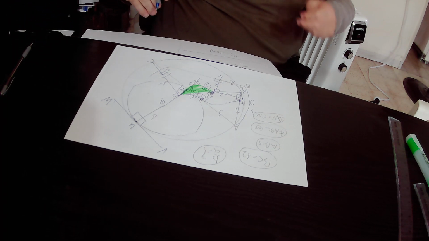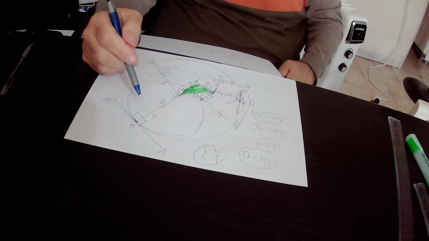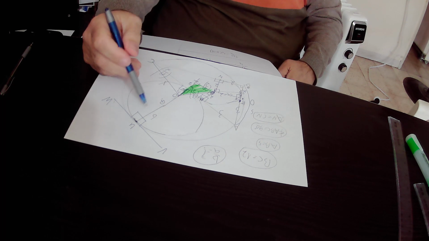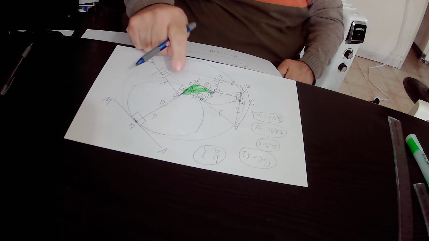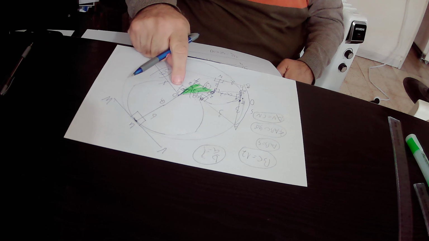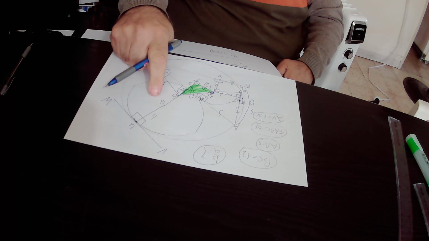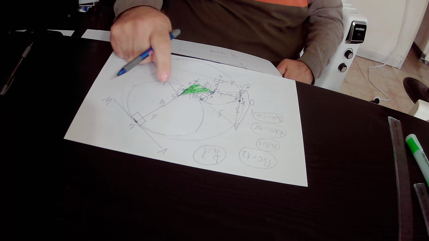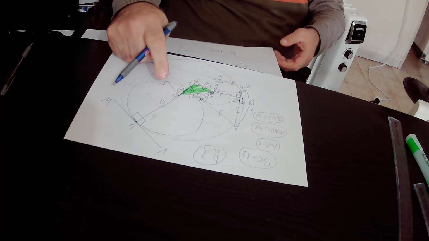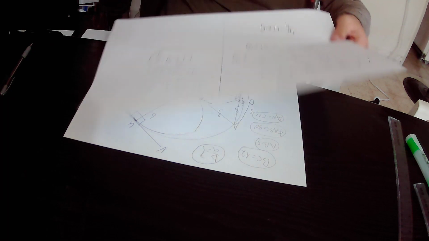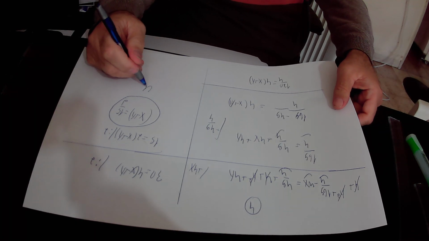So here OU equals x and ON equals h. So in total UN equals OU, that is x, plus ON, that is h. So UN equals x plus h.